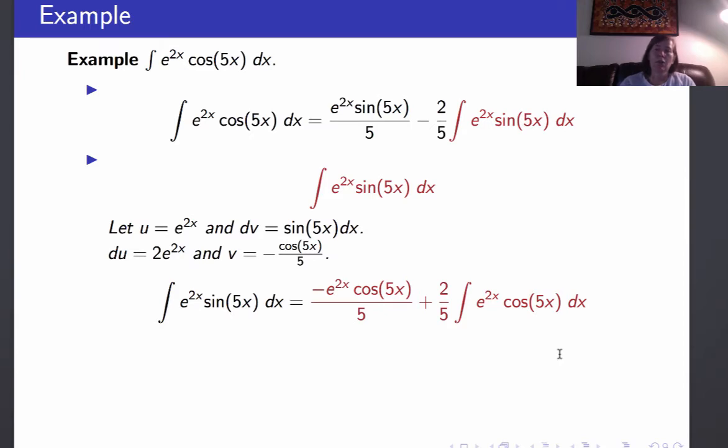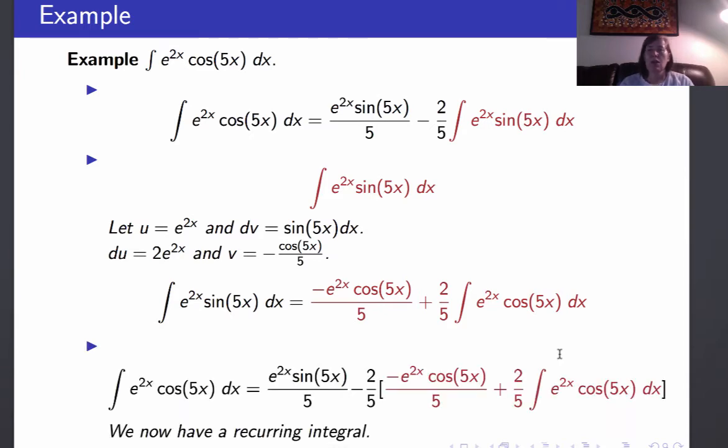Now, going back and substituting this into our original integral, we get the integral of e to the 2x times cosine 5x equals an expression in exponentials and sines plus 2 over 5 times the integral of e to the 2x times cosine 5x dx.